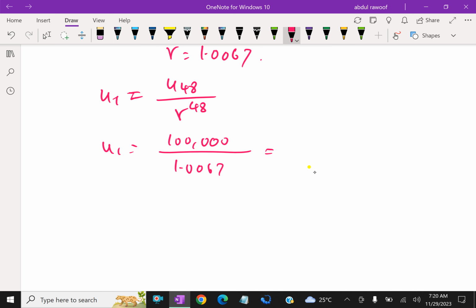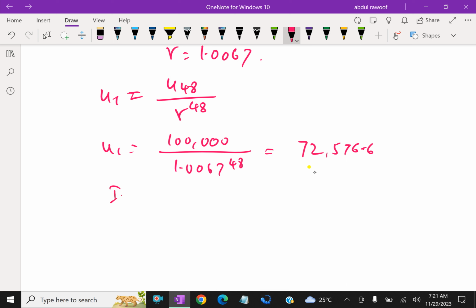Let us calculate using a calculator: 100,000 divided by 1.0067 to the power 48, which equals 72,576.6.